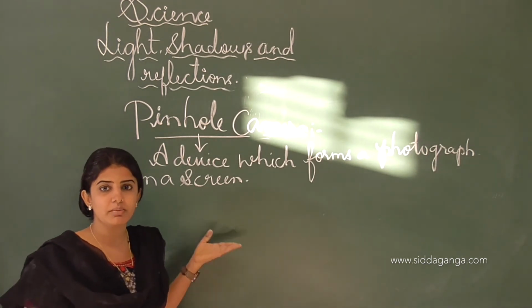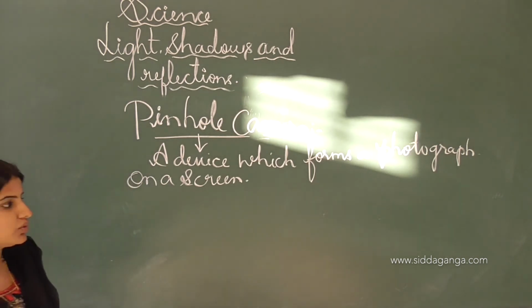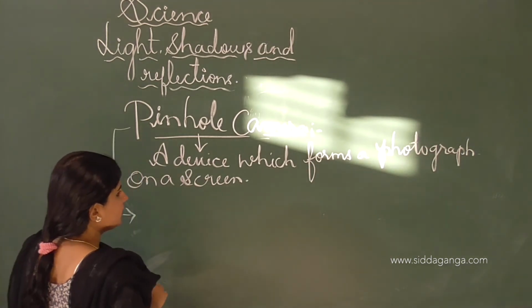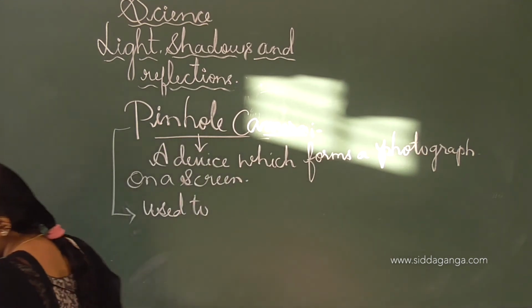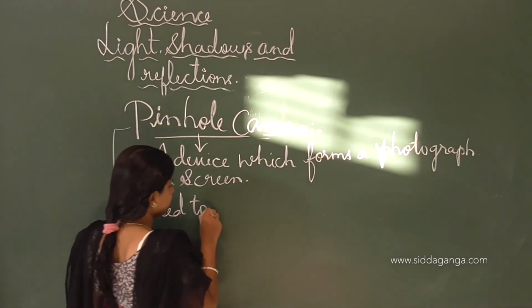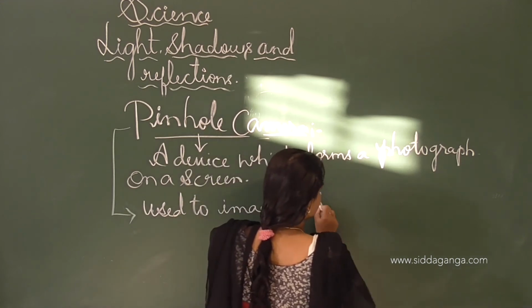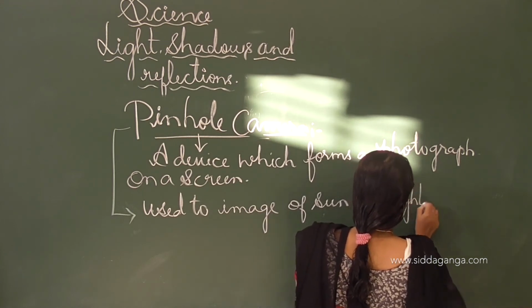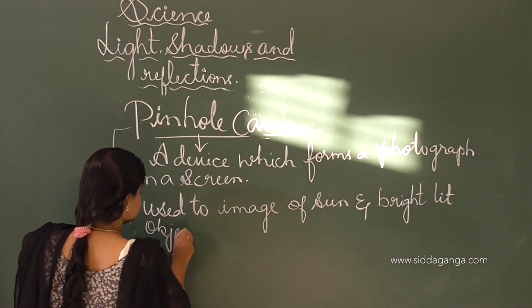This pinhole camera can be very easily prepared by using simple substances, and it is also used to make the image of the sun and brightly lit objects.